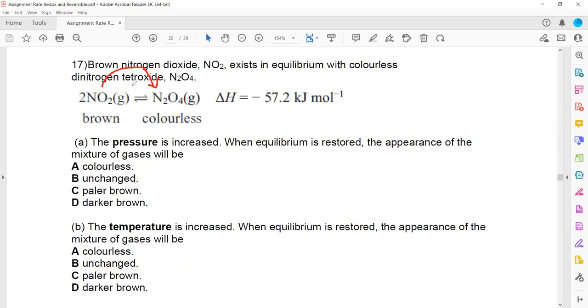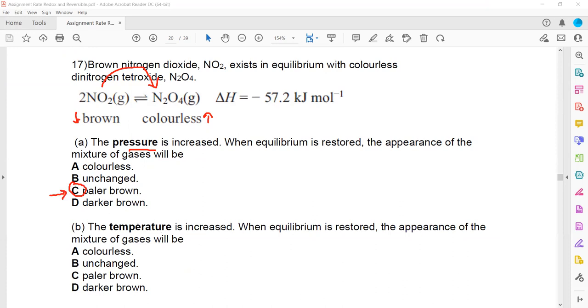Because in a reversible reaction, we have both reactant and product. As we increase the pressure, the equilibrium shifts toward the right-hand side, so less brown and more of it will be colorless. So the color will get lighter, or paler.